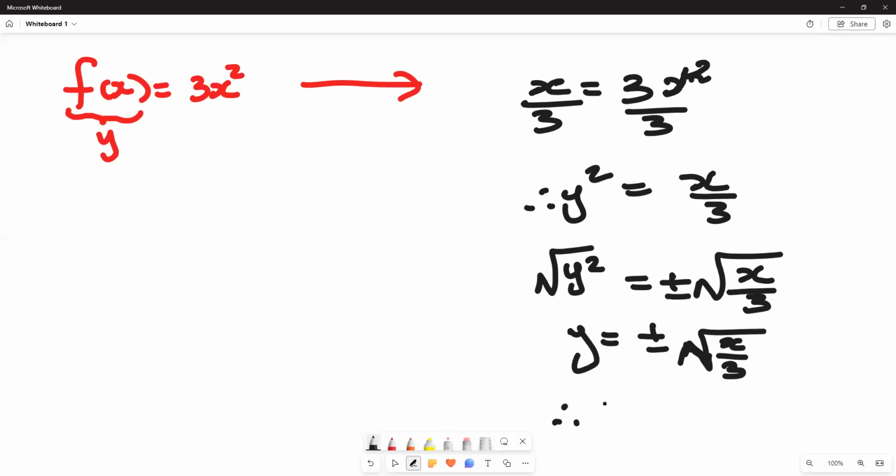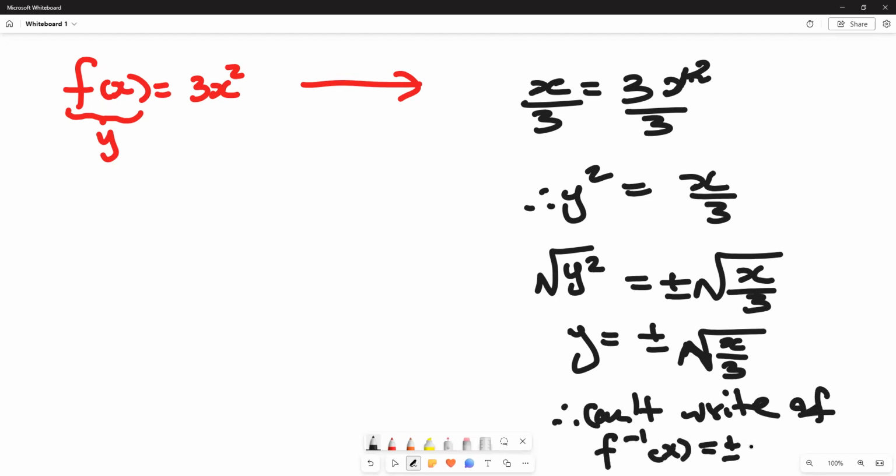You can't write f minus 1 of x equals plus minus square root of x over 3. You can't write it in this form. Why? Because this means function. But this one here is not a function.